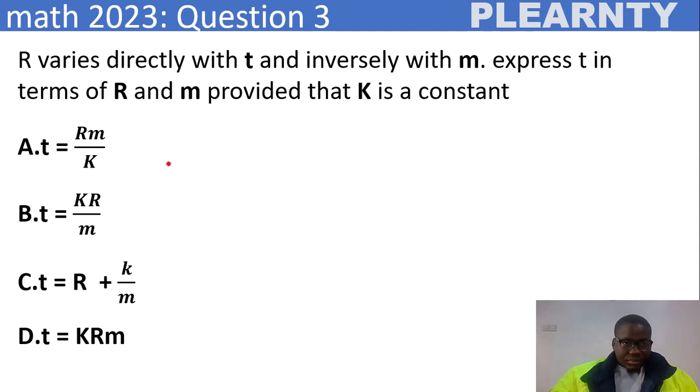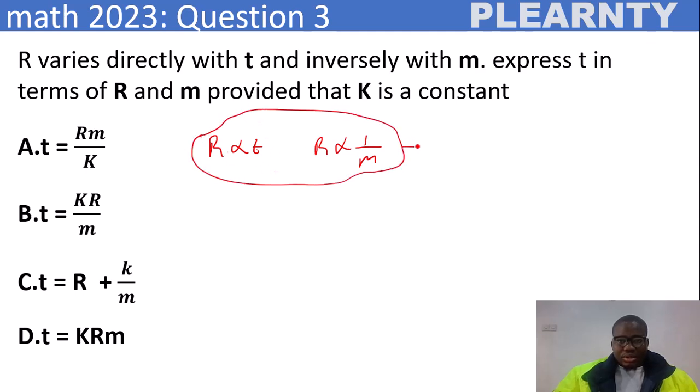So R is directly proportional to T. The same R is inversely proportional to M. If you want to combine these two expressions into one, you say R is directly proportional to T and inversely proportional to M. So we now have a constant of proportionality, which is K. If you want to bring K into this, then this becomes R equals KT over M.